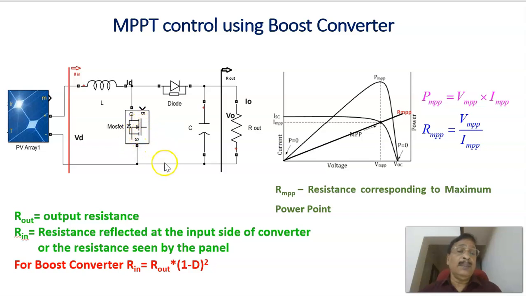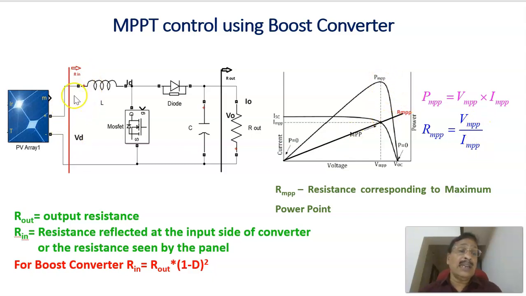Duty ratio is nothing but on period divided by total time period. By controlling the on period or duty ratio of the switch, you can vary the current. You can vary the resistance looking at this point for a given R out into (1 minus D) whole square. And you can make this resistance equal to RMPP, that is the resistance corresponding to the peak, which is given by VMPP divided by IMPP, that represents the maximum power.